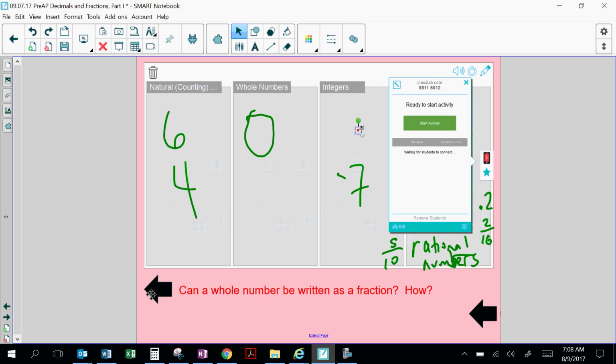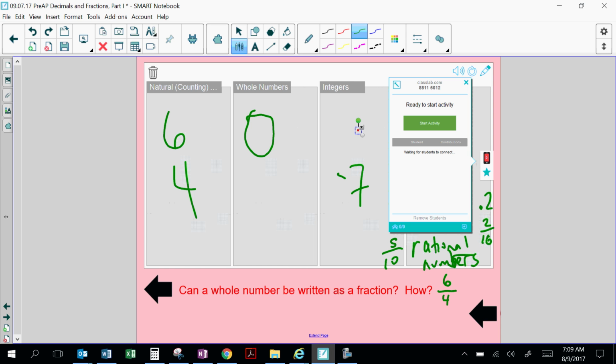Can a whole number be written as a fraction? For example, I have 6. Can I rewrite 6 in fraction form? If I do, what number would be in the denominator? 4?